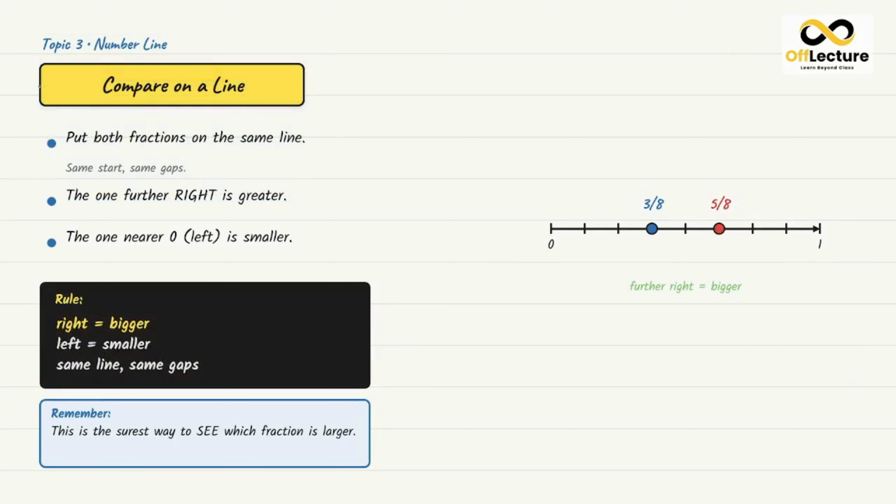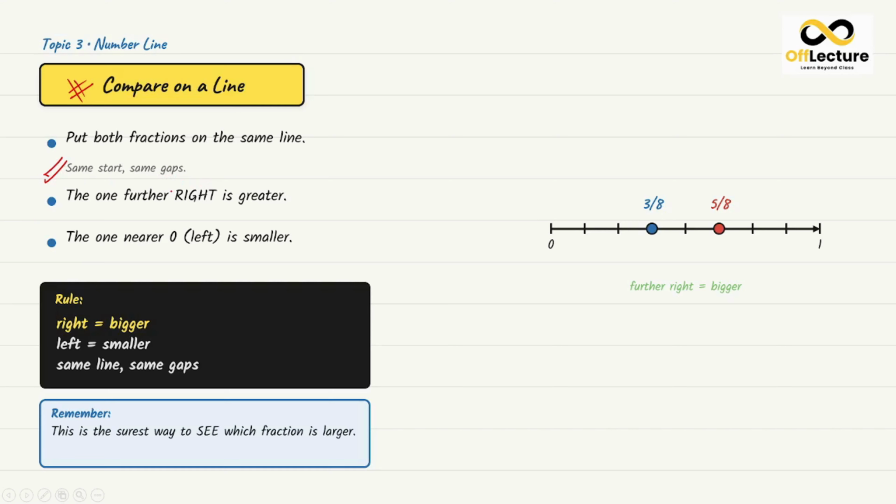Now the next part is how we can compare two fractions on the number line. We will place both the fractions on the same line, with the same start and the same gaps.